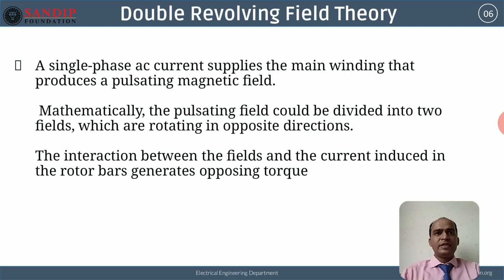A single phase AC current supplies the main winding, producing a pulsating magnetic field. In order to make the induction motor self-starting, it is necessary to produce a rotating magnetic field. To do this, there should be at least two magnetic fields which satisfy the following two conditions.